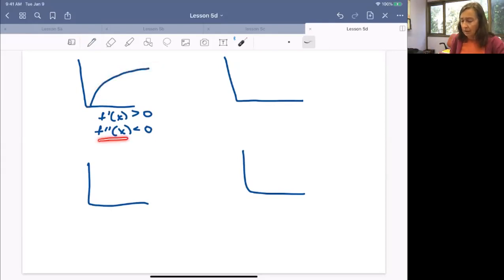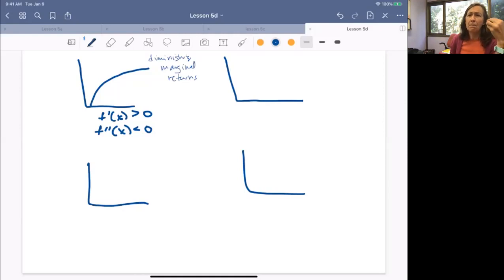So this is the kind of function that we might say is increasing at a decreasing rate. We might associate it with diminishing marginal returns.